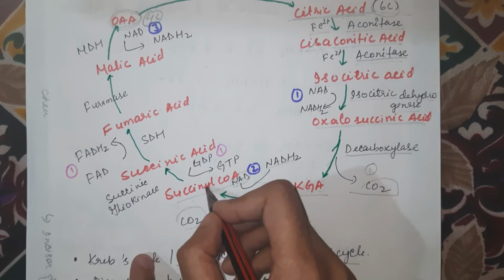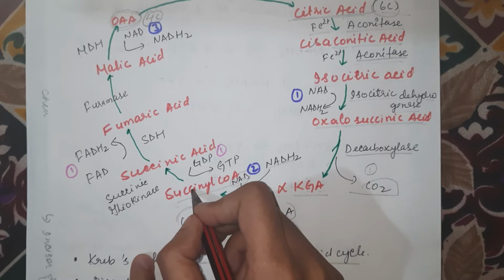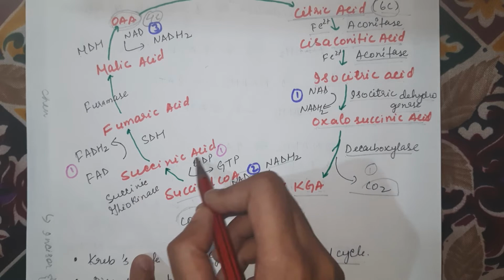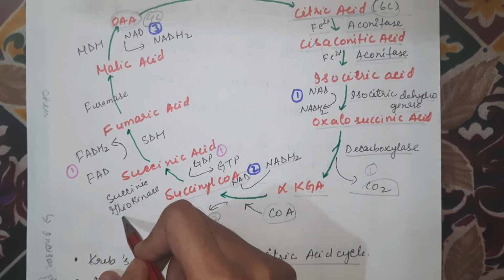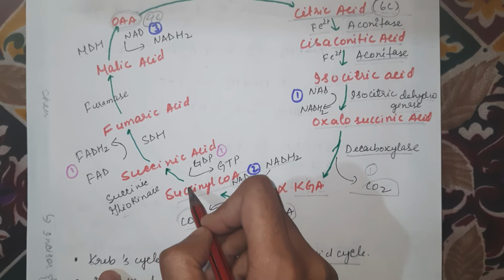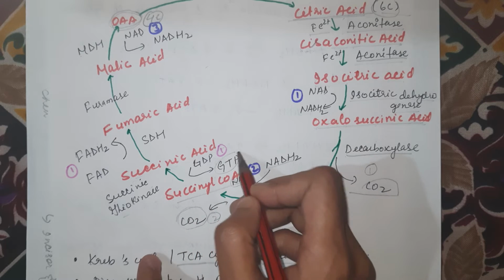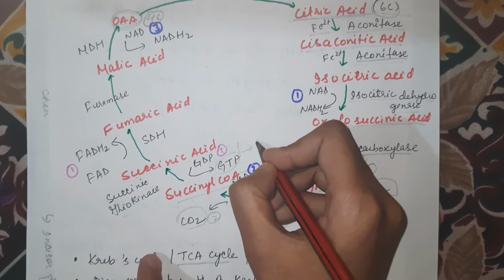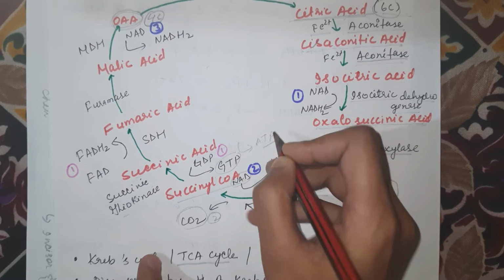In the next step, succinyl-CoA is converted into succinic acid in the presence of succinic thiokinase, and in this step 1 GTP molecule is formed, which is coupled with formation of 1 ATP molecule.